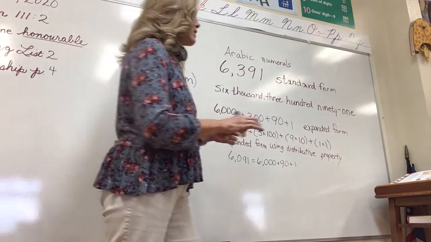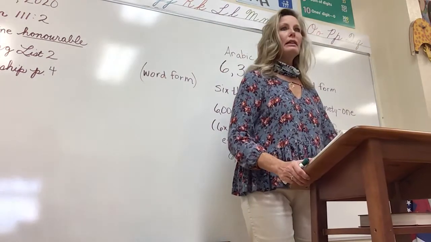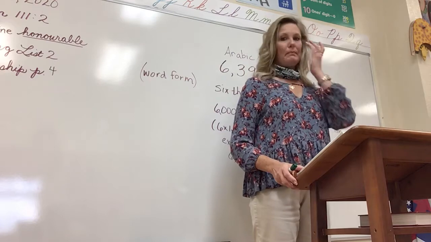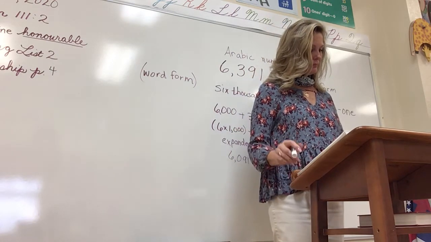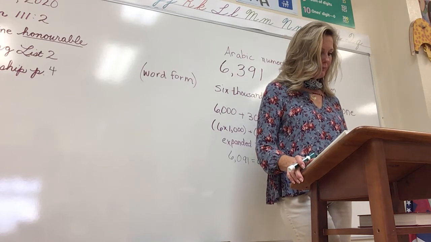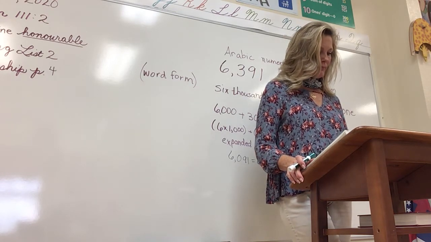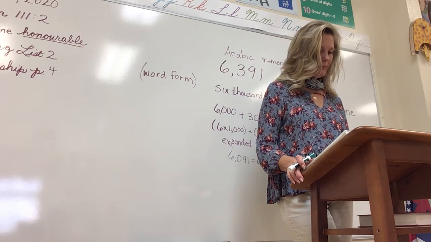Okay? All right, let's move on to B. And let's see. Mason, read B. The estimated population of the world in the same year was 6,680,000.